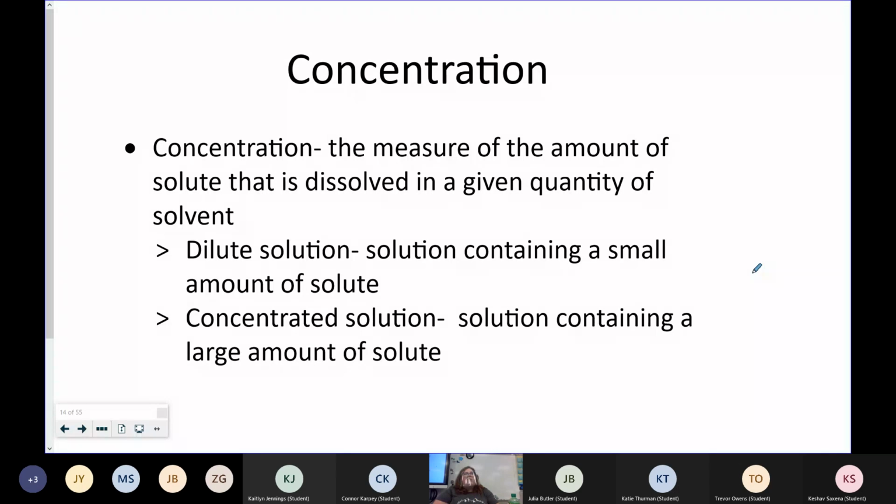That's why you water it down and dilute it. You can also make orange juice from concentrate, where they have all the orange pulp and everything, and then it's added to water and mixed together. That's another case where the concentrate is a lot in a very small space, and then you water it down to dilute it.